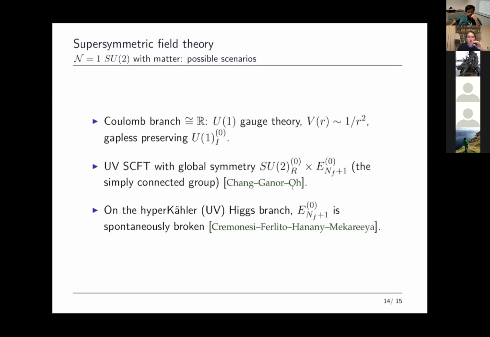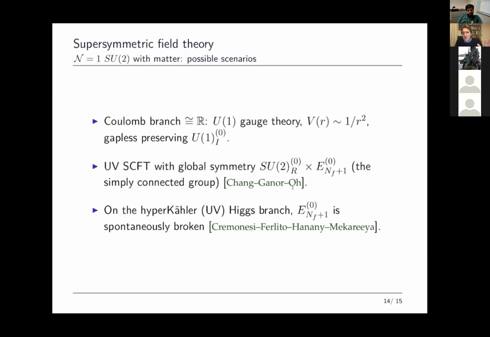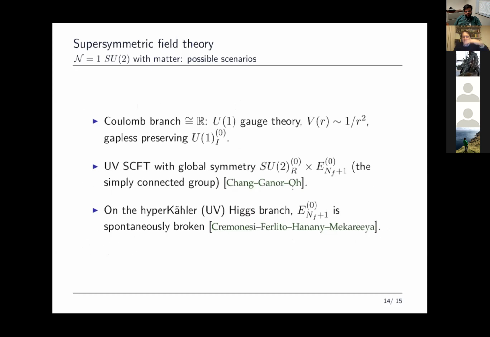Now, on the Coulomb branch, the situation is the same as in the previous case. U(1) is preserved because you see that there are objects charged with any charge. However, we can explicitly break the symmetry to U(1) by turning on masses for the quarks.